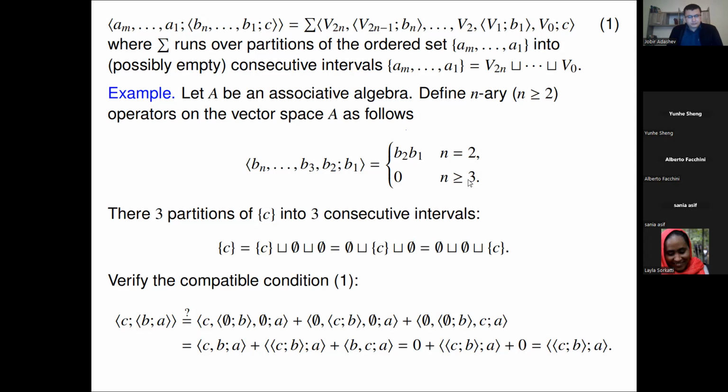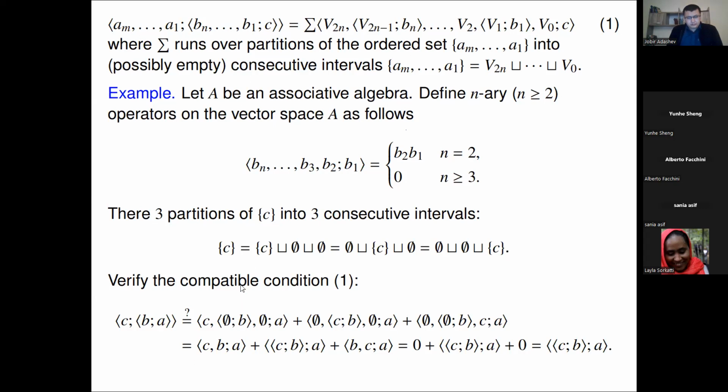If n is greater than or equal to 3, then it's just 0. So there are only 3 partitions of the single element set into 3 consecutive intervals. We just saw this.